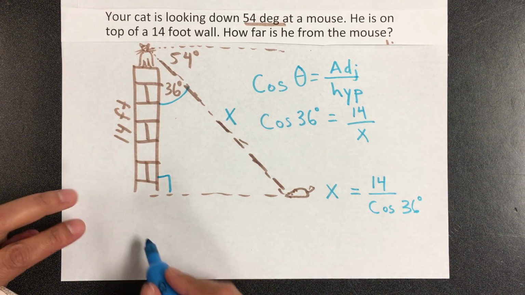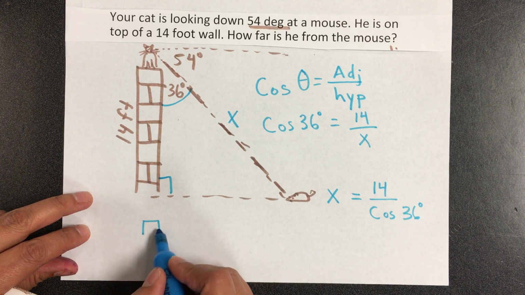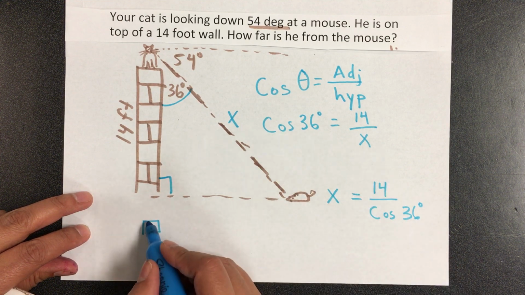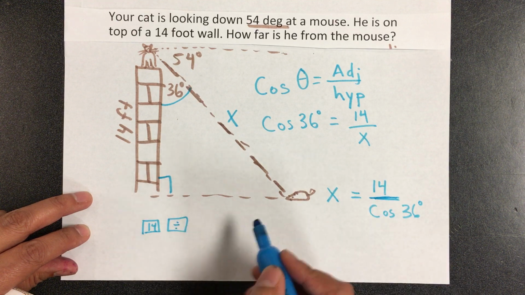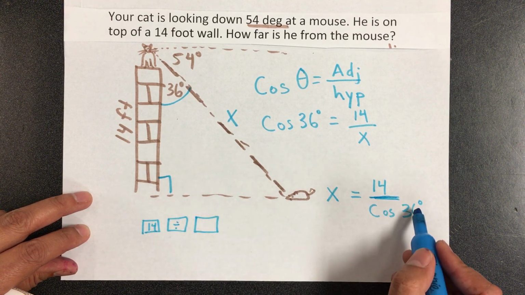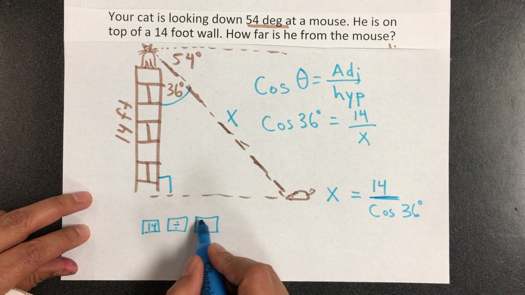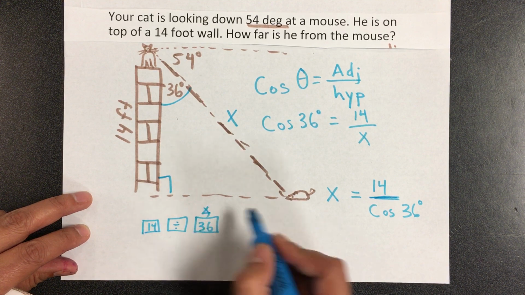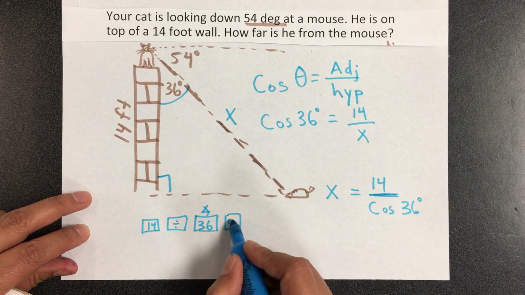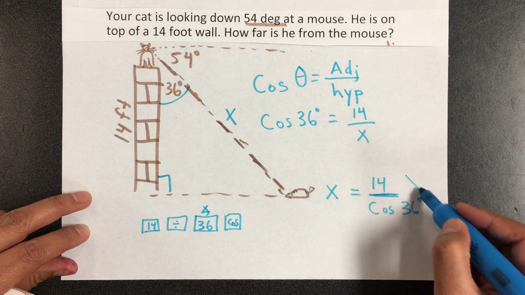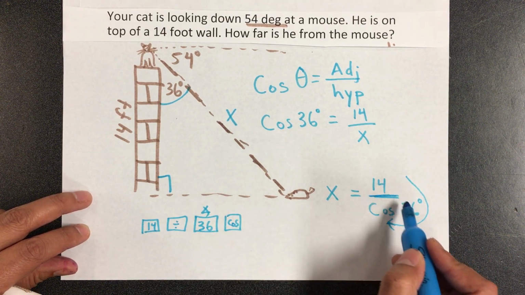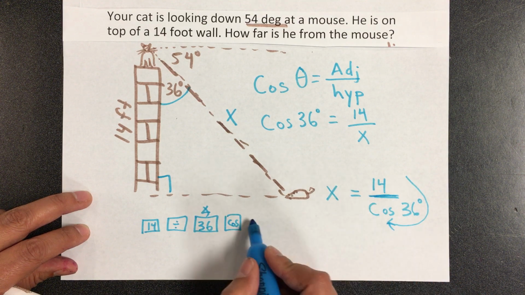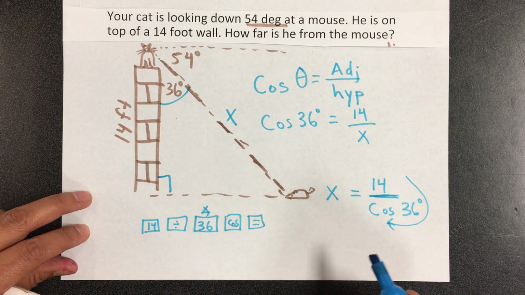Remember that for the division, on some calculators you're going to put 14 divided by, first the angle and then cosine. So it's kind of like a J. Okay, 14 divided by 36 cosine, and then finally equal.